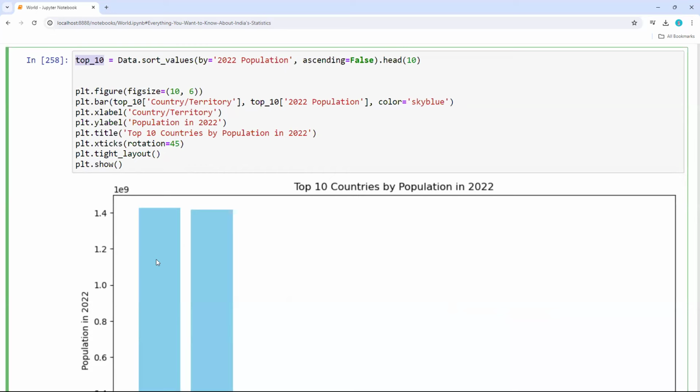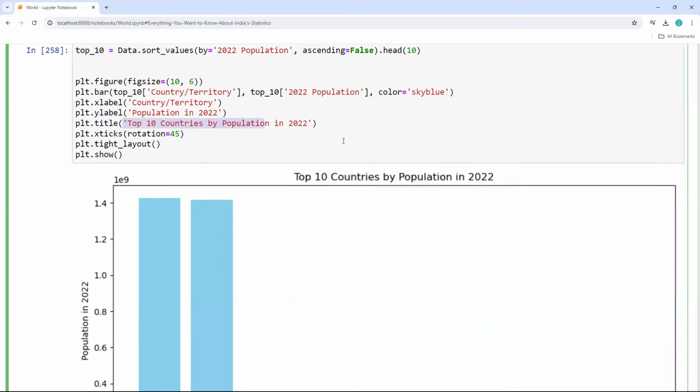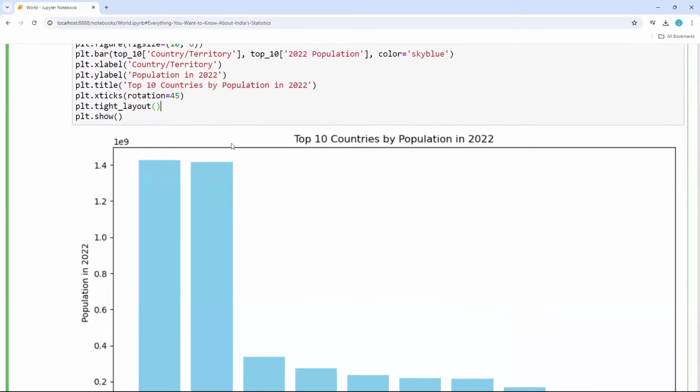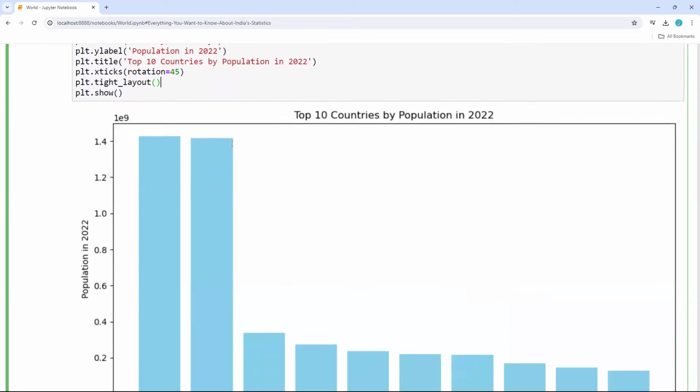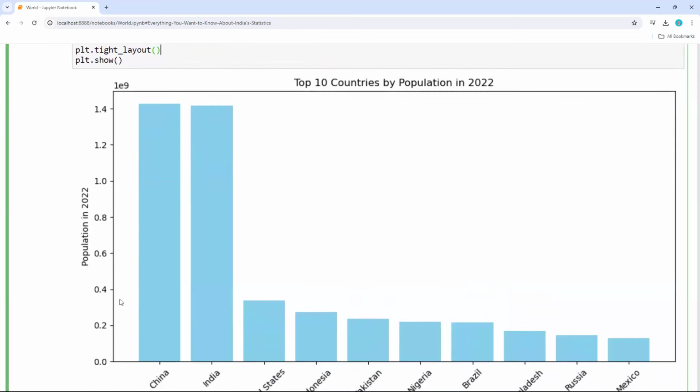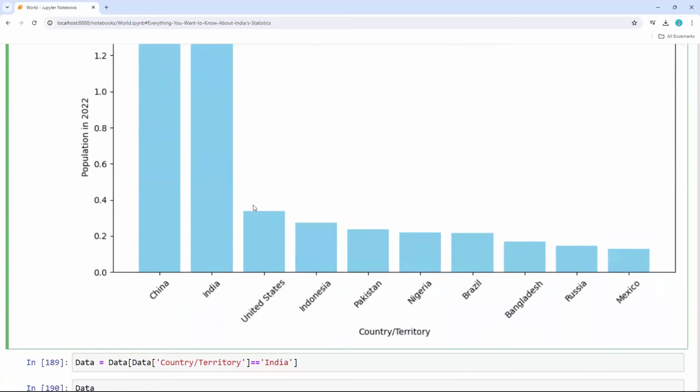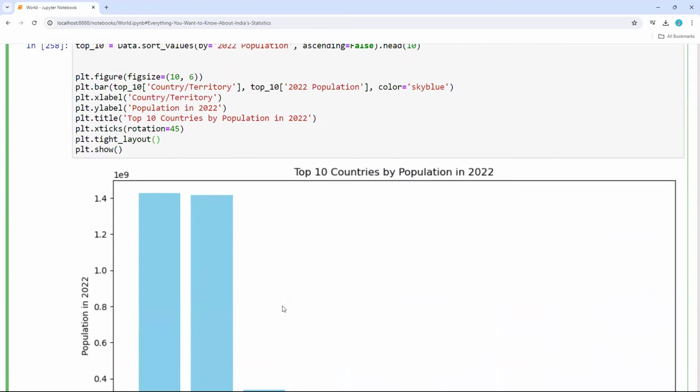I gave this title: top 10 countries by population in 2022. So this is how we can analyze the data by using a bar plot. Here we can see that China is the most populated country in 2022, followed by India, United States, and Indonesia. So this is for the top 10 countries.